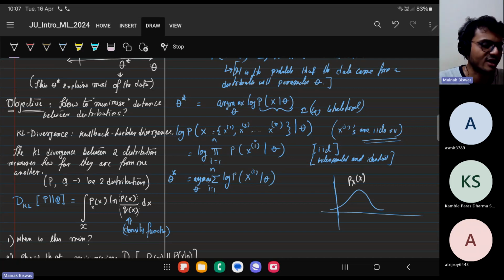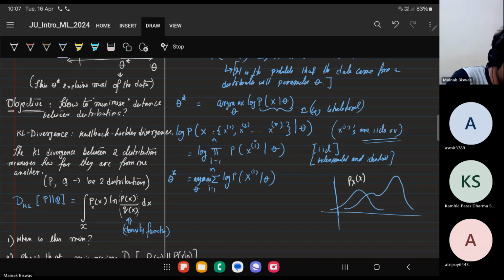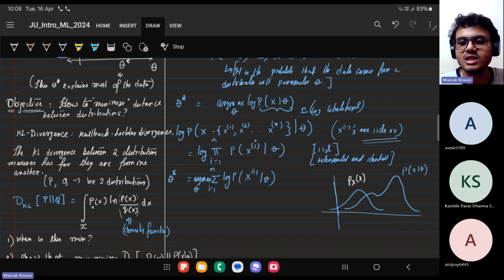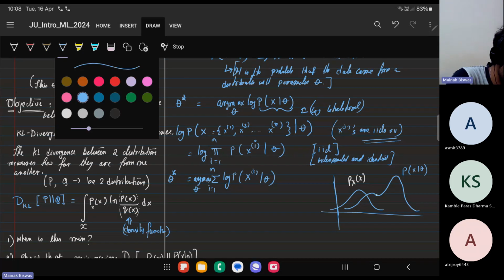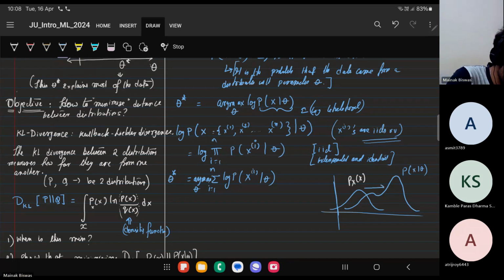Actual P of x is the actual data distribution, and P theta of x, given theta, is this distribution. So how do you learn the theta? The idea is you learn the theta by minimizing the distance between these two.